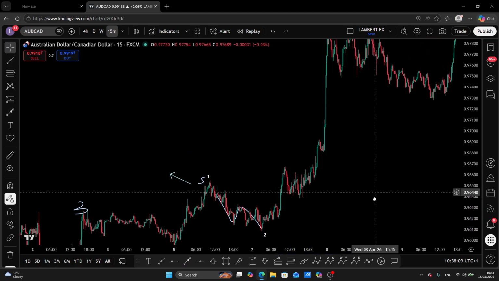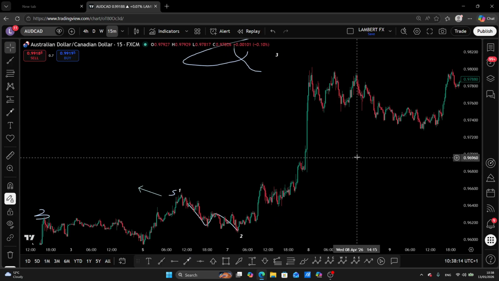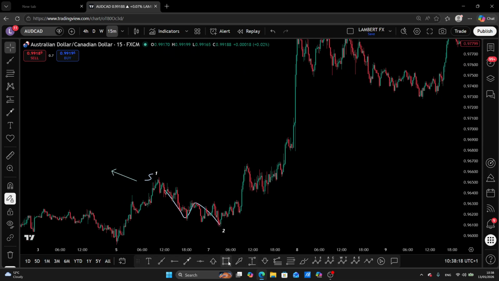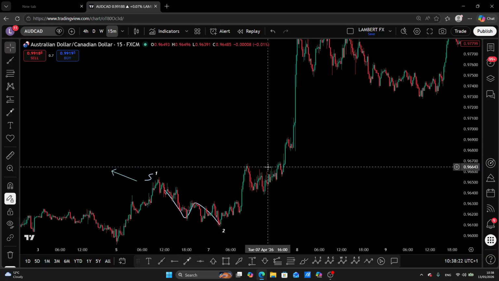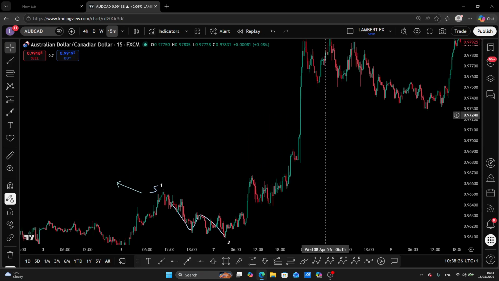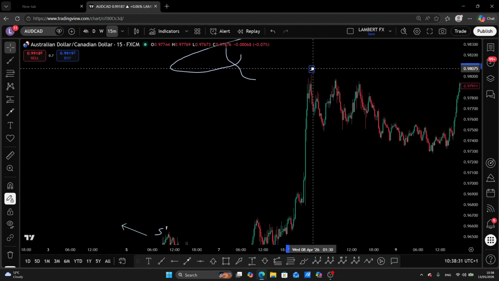Now we've got our 4. Then you need a 5 leg up for 5. If you count this leg here, you will get a 5 leg up that would make out your 3.